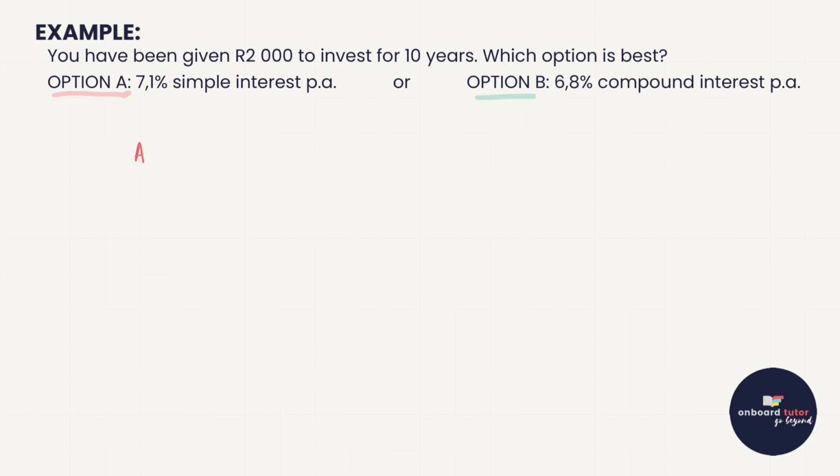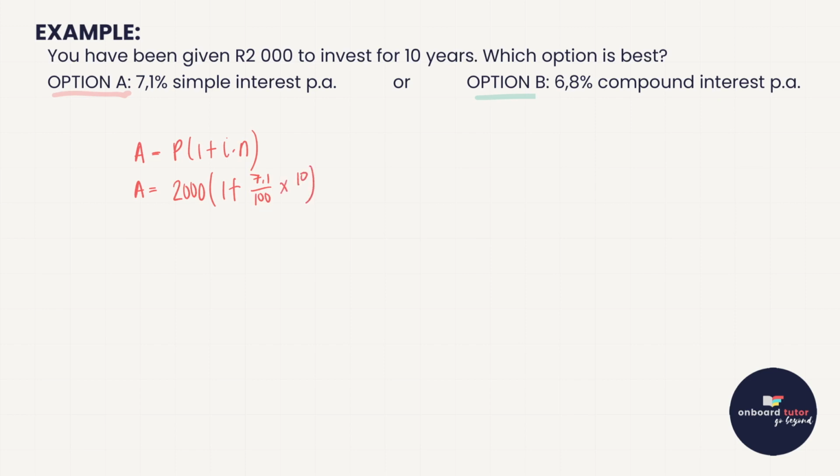So this is a simple interest question, so A equals P(1 plus i times n). Now A, that's what we want to know. How much will we end up with? P, we've got the 2,000 Rand, no matter what type of investment we choose. And then 1 plus, here's our interest rate, 7.1%, so 7.1 over 100, times 10 years.